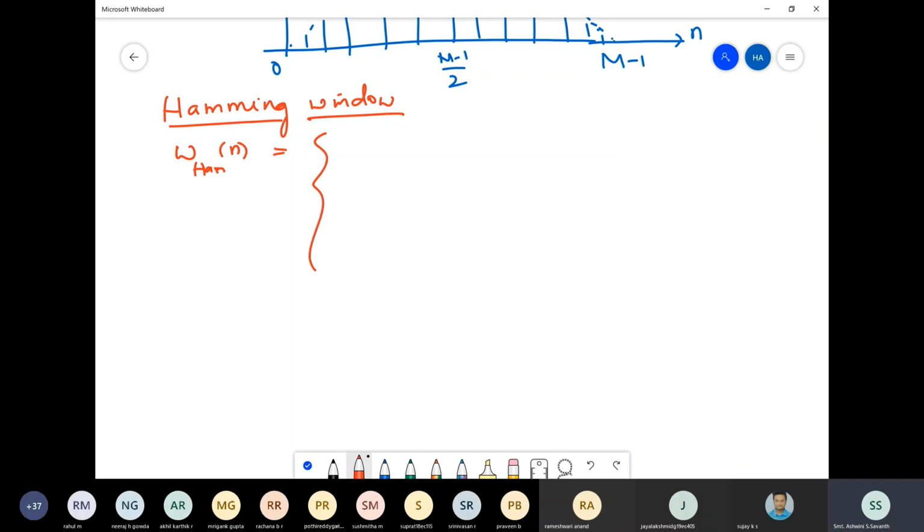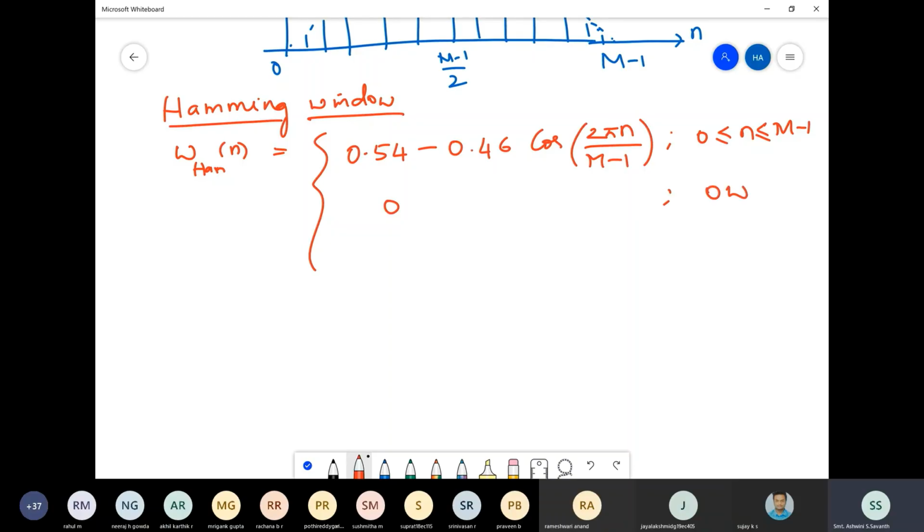The equation of this is 0.54 minus 0.46 cos of 2 pi n by m minus 1, between the interval 0 to m minus 1, and it is 0 otherwise. So in the design problem, you'll have to substitute the values of n and find out these values of the window function and the h_d of n.